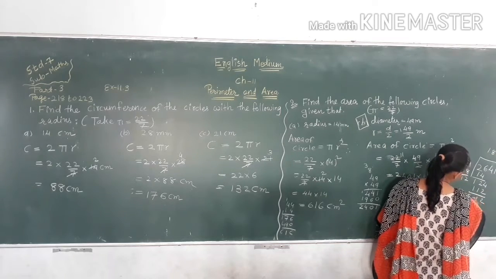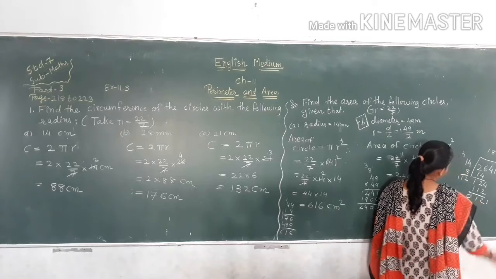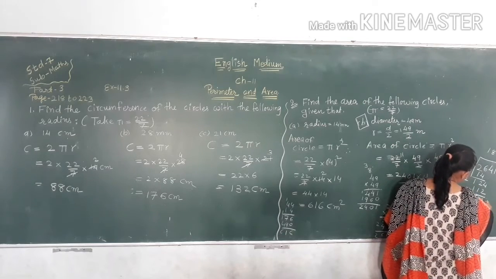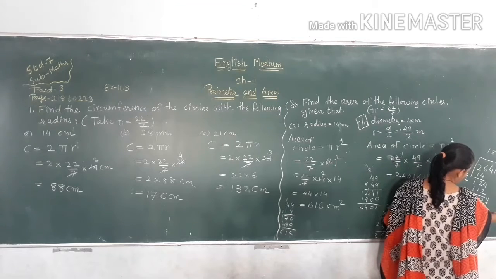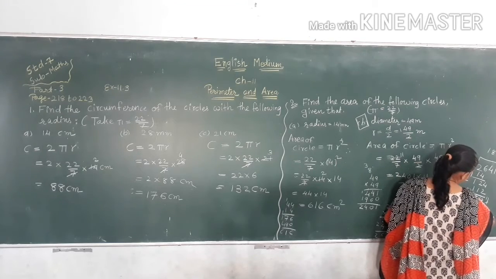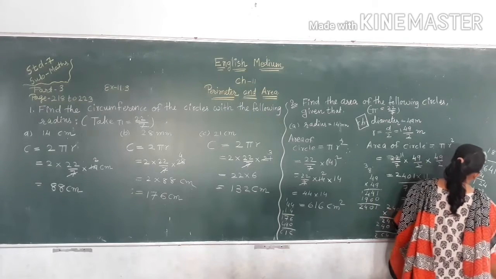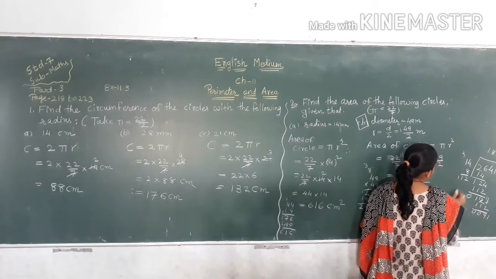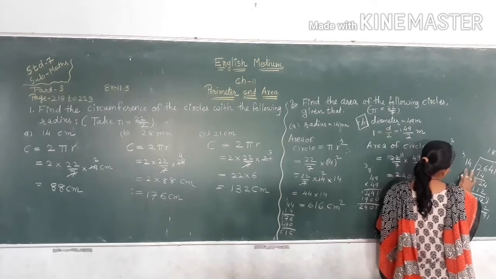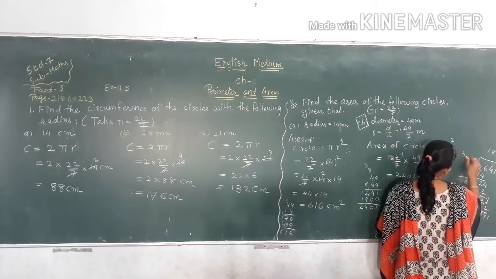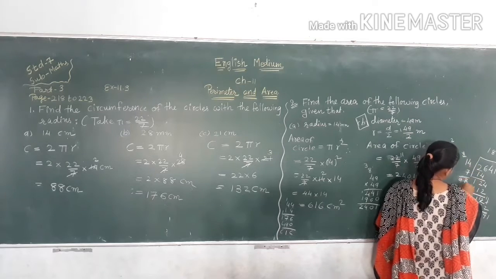Again 1 down. 14 eights are 112. 11 minus 2 is 9, 0, 0. Again down here 1. Then 14 seven are 98.